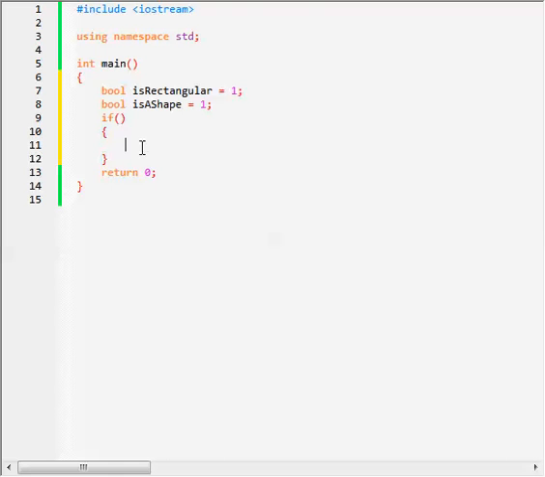If your then is only one line of code long, then you don't need these. So if is rectangular or is square, then cout is either a rectangle or square.